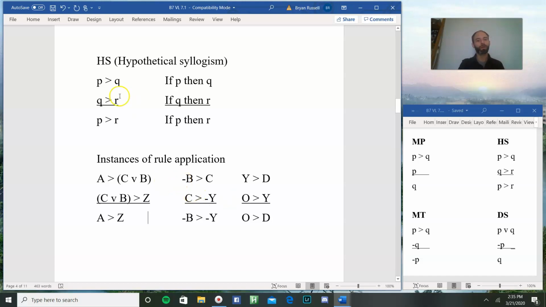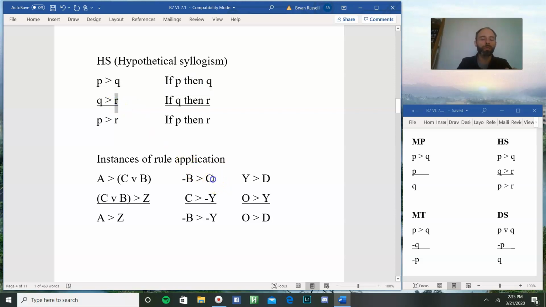So here, P is tilde B, and Q is C. On the second line, we have C repeated, so the consequent of line 1 is the same as the antecedent of line 2. And then we have tilde Y here being our R.